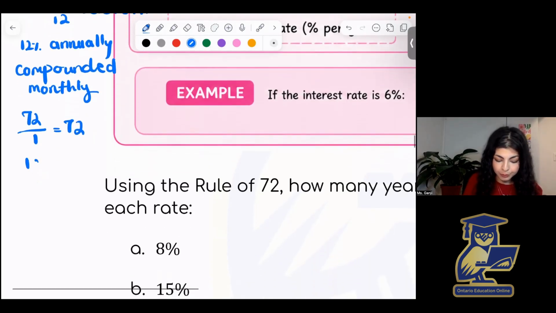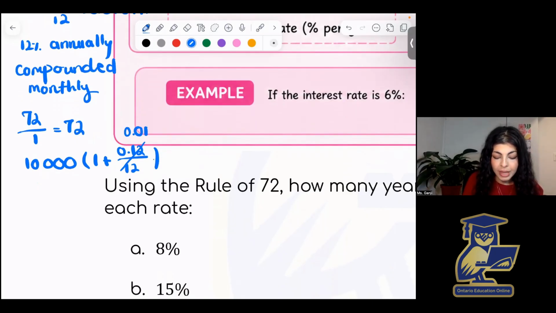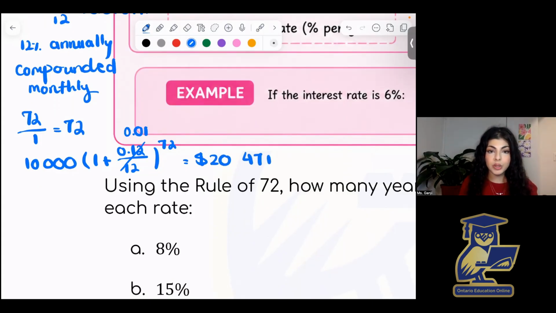So if I do 10,000 times 1 plus 0.12 divided by 12, or this is just 0.01, and now I compound the 72 times, so to the power of 72, then the answer you get is 20,471, which is precisely double.